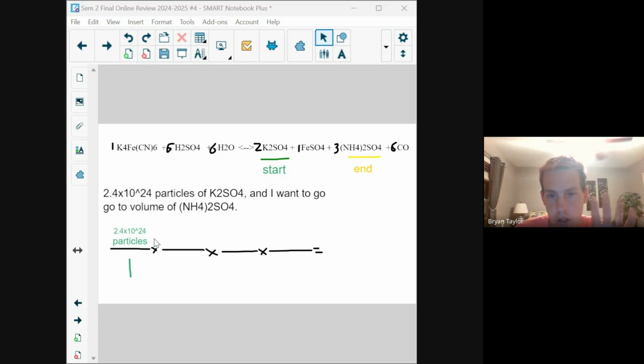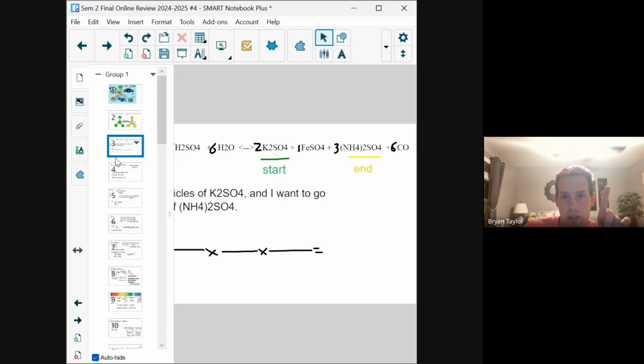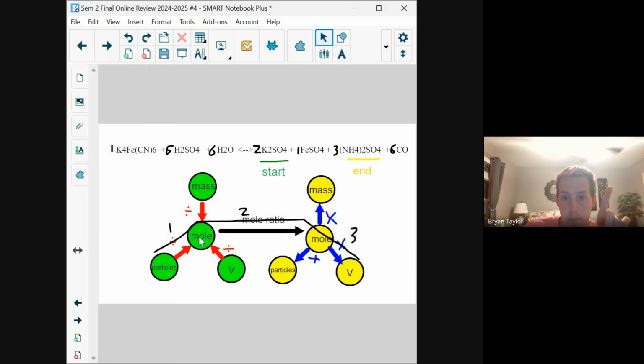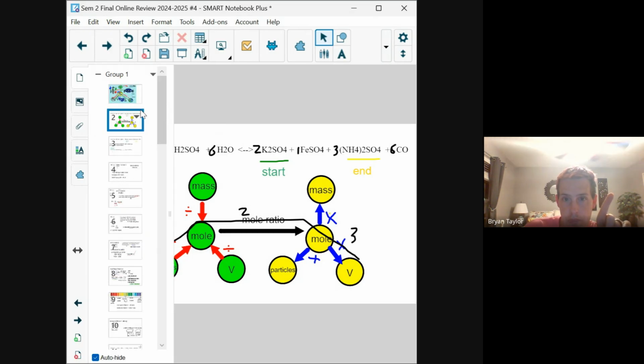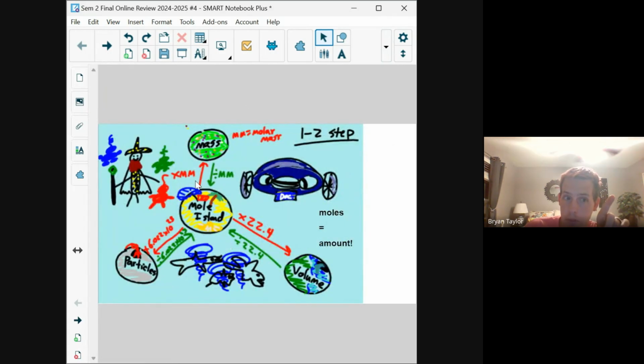So we're at particles, which means I need to go up. So I need to divide. And if I'm going up to moles from particles, I need the particle number, which is Avogadro's number.